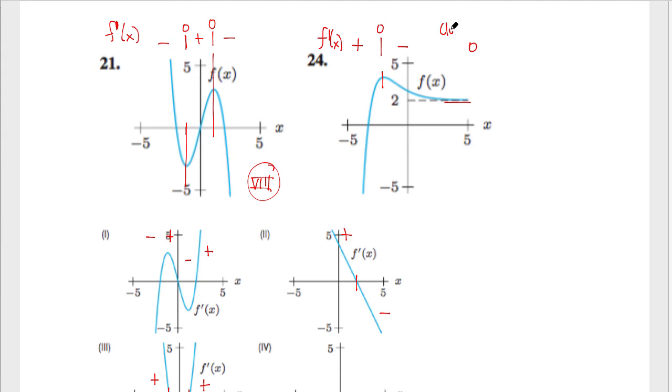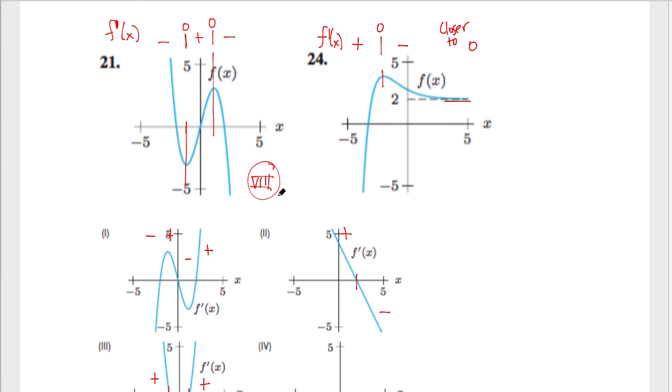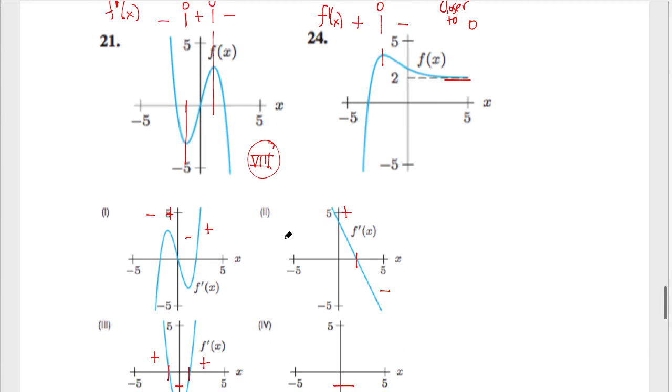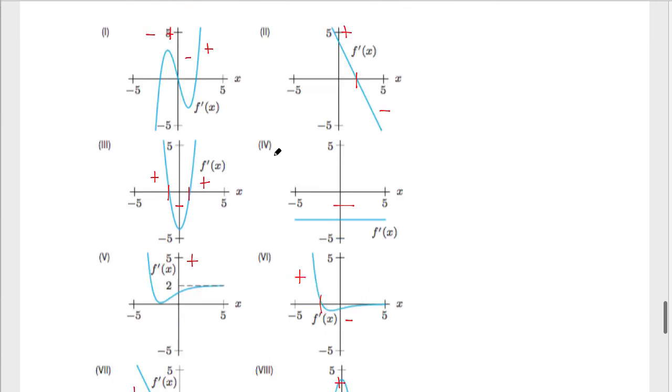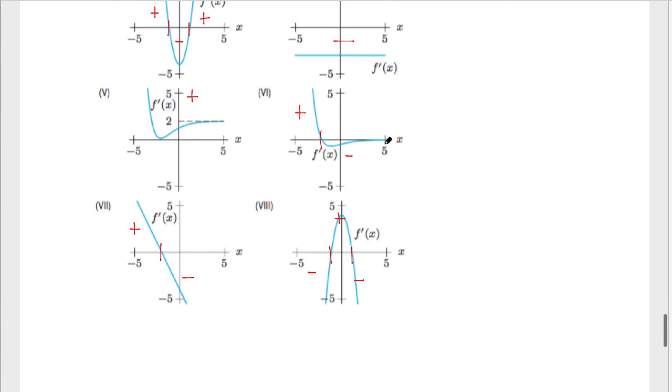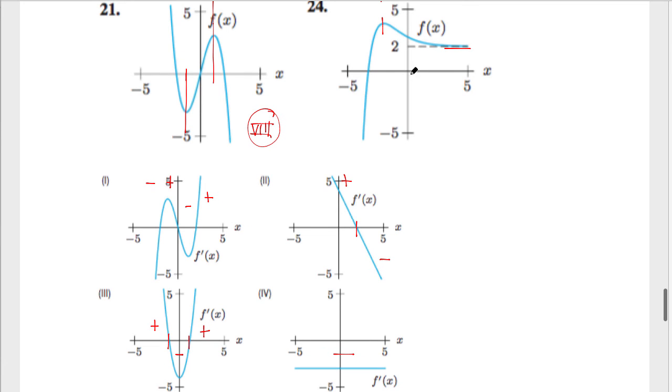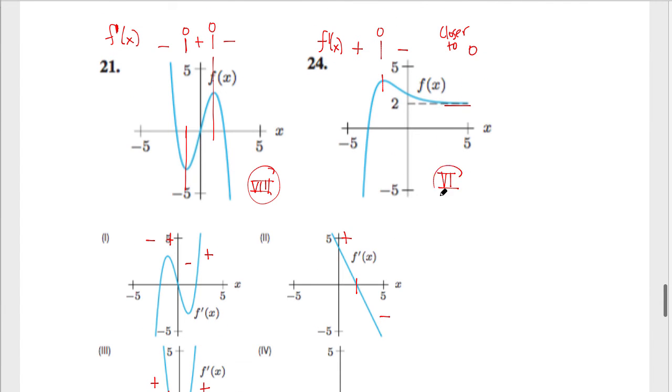So it's getting closer to 0 as it goes to the right. So which of these is the best? Well, it has to start positive on the left-hand side, and then it turns negative, and then it gets close to 0. So it appears that 6 is the graph for the derivative of number 24.